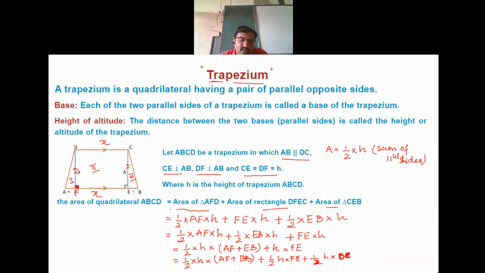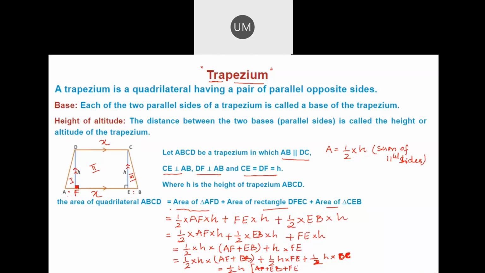Half into H is common everywhere. Half into H into AF plus EB plus FE plus DC, if I take half H out. What is AF plus EB plus FE? That is the base of the trapezium.